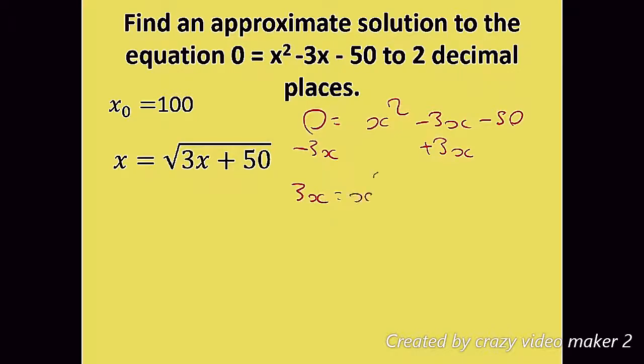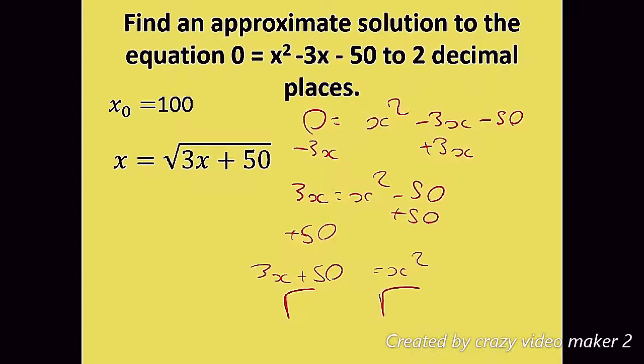This means 3x equals x squared minus 50. I'm going to plus 50 to both sides. Give 3x plus 50 equals x squared. I'm going to square root, which gives me the answer actually: square root of 3x plus 50 equals x. Good, that's what I wanted.